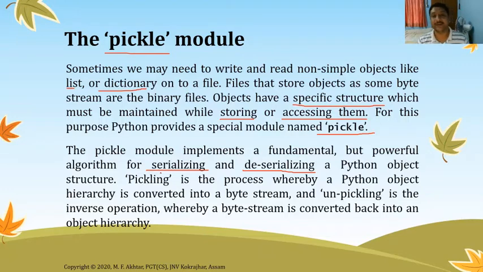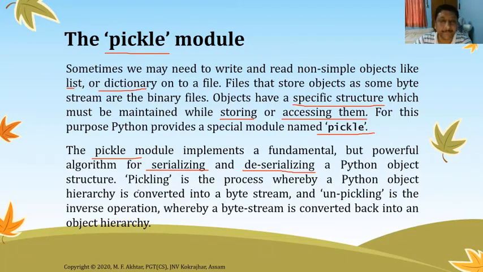And then when we store these data on a file, on permanent storage, there is a need to deserialize these data to read them. This is done automatically by the pickle module.